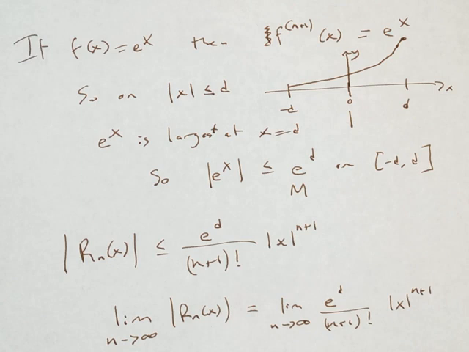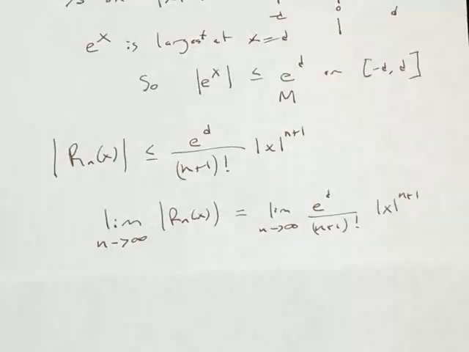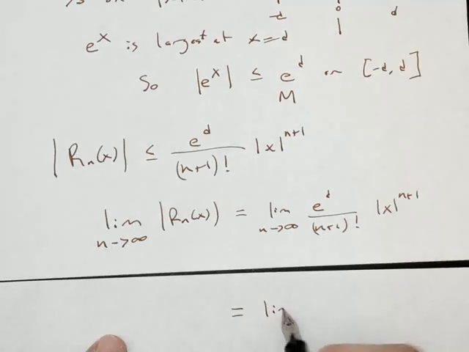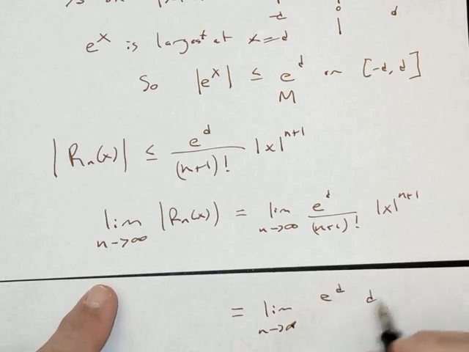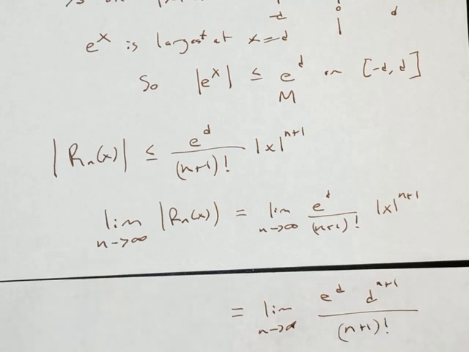Last time I checked, we're on this interval, so the biggest possible value for x is d. That should be a less than or equal to, not an equal to.